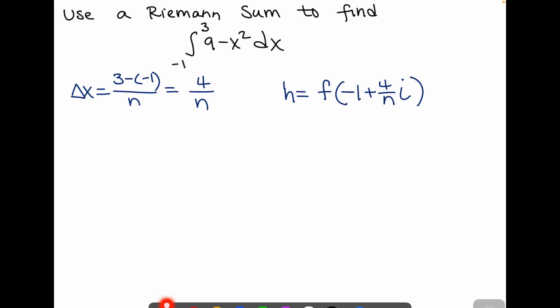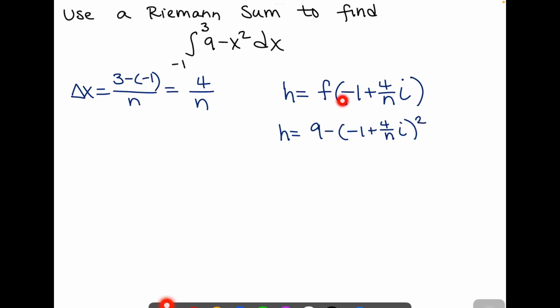You can use right or left endpoints because we are taking a limit as n goes to infinity, so it actually doesn't matter, but it's easiest to set these up with right endpoints, so that's what I'll do. So my height is going to be f of a, the starting point, so negative 1, plus my width, 4 over n times i, where i is an integer from 1 to n.